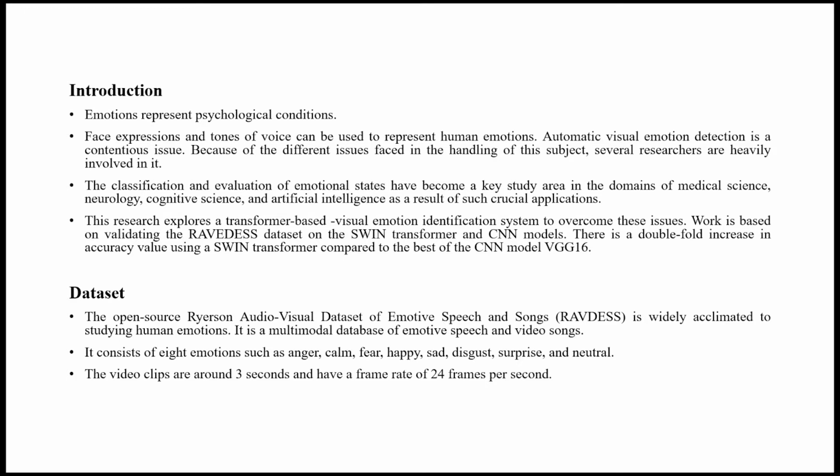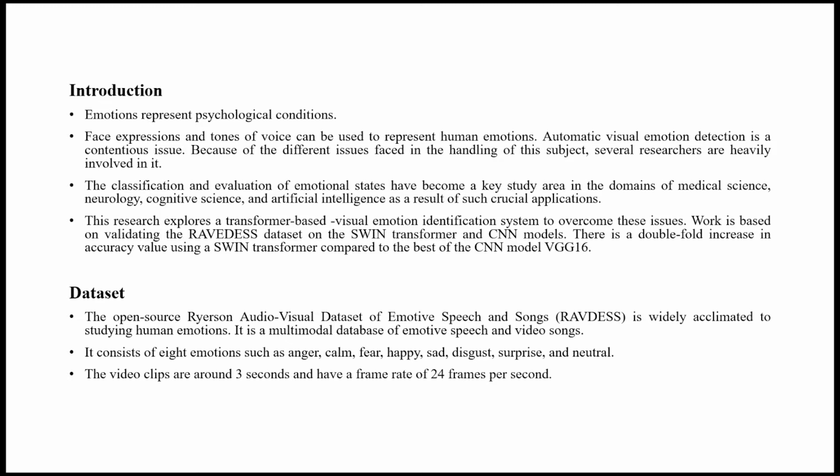As this is a multimodal database, it is a combination of speech and video songs. This data set consists of 8 emotions: anger, calm, fear, happy, sad, disgust, surprise, and neutral. So these are the different classes of the data set.